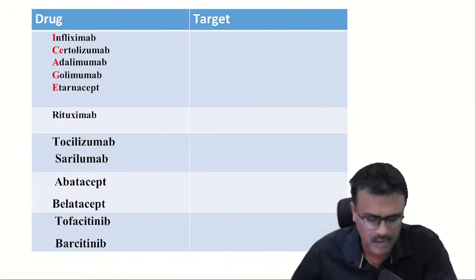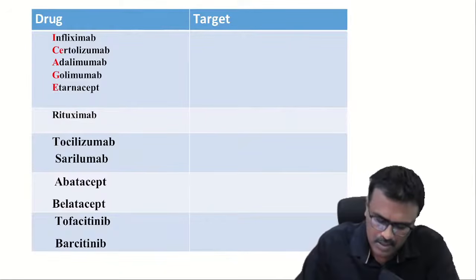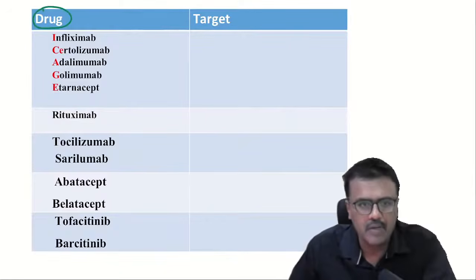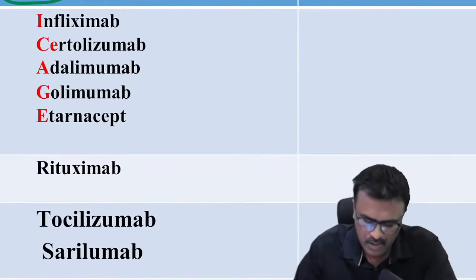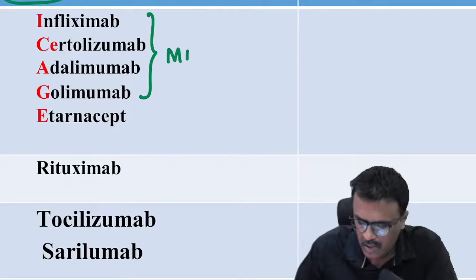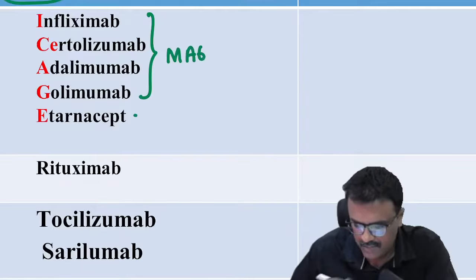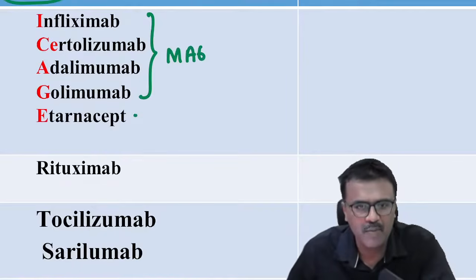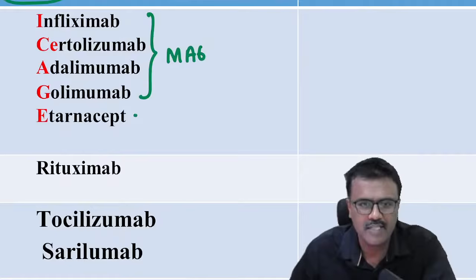But there are certain drugs called biologicals which are used for rheumatoid arthritis. So we have infliximab, certolizumab, adalimumab, golimumab. Remember, these four drugs are monoclonal antibodies, except, as the name itself tells you, an exception, etanercept.